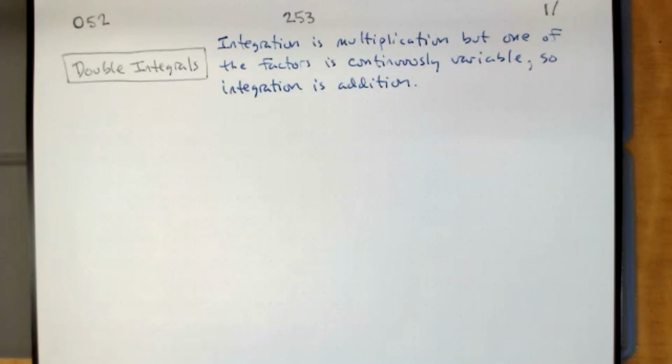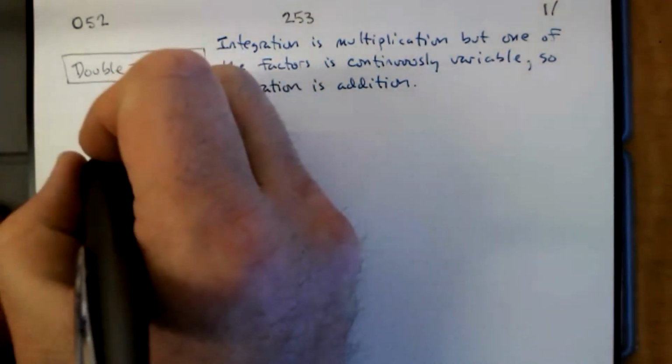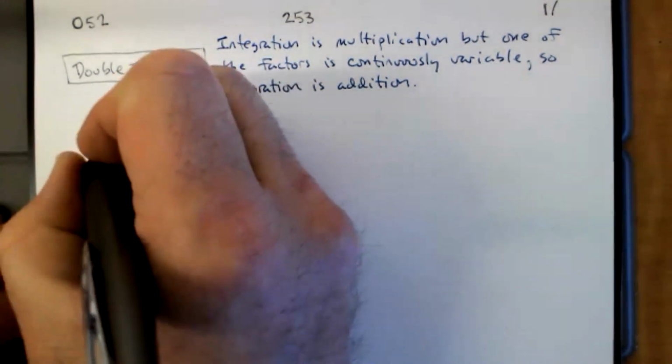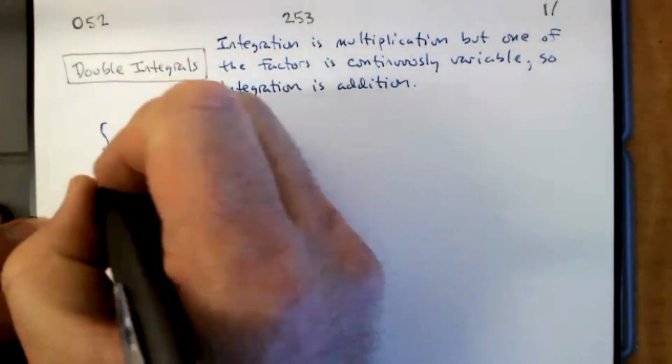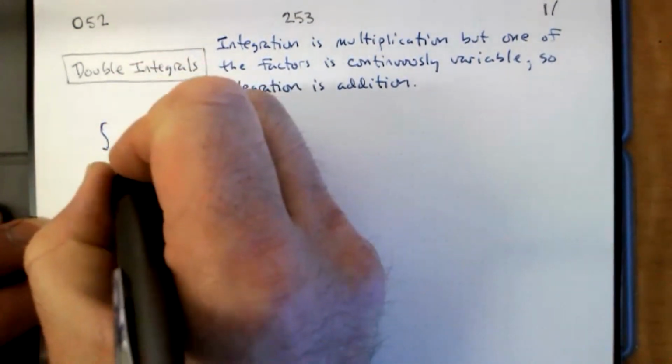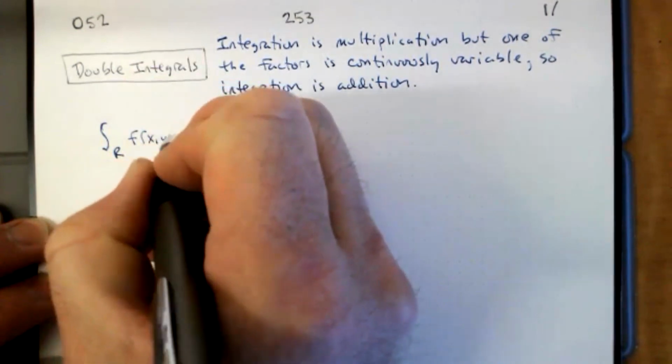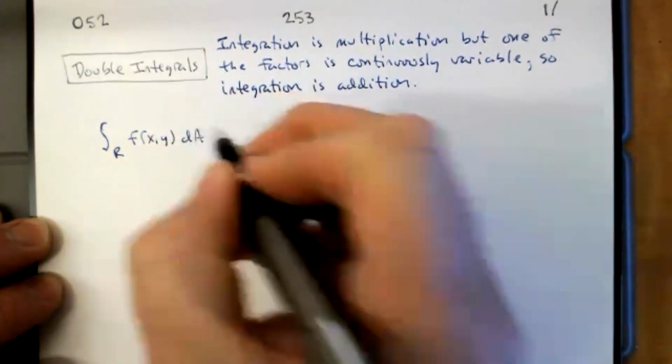Evaluate f of x and y times dA for all the points in some region. So what the double integral is going to look like is we're going to integrate over some region a function dA.